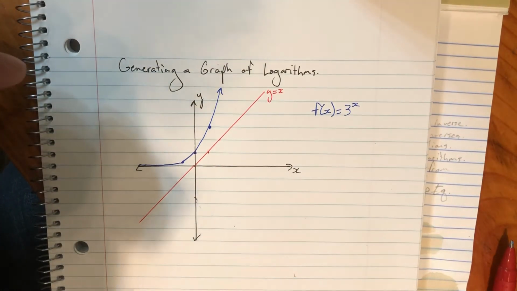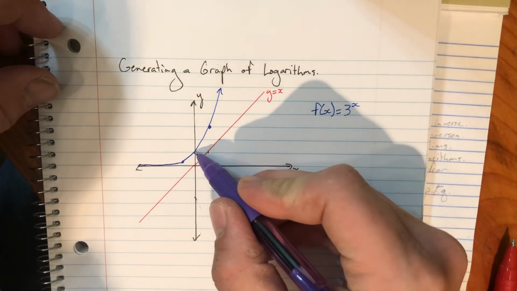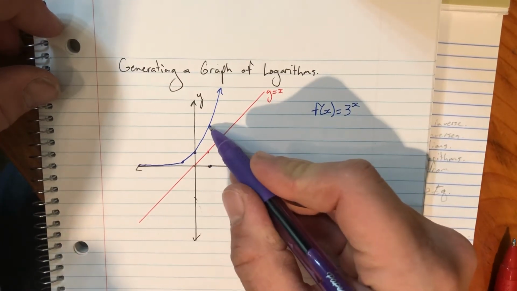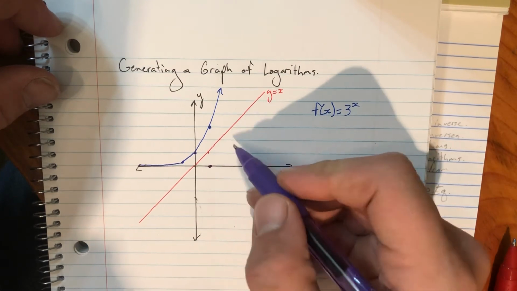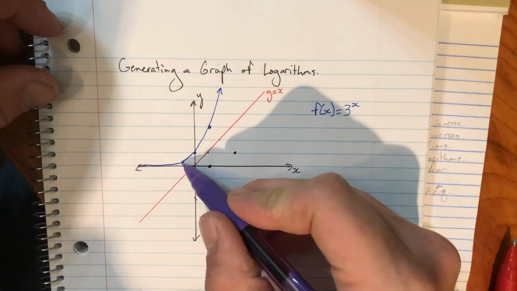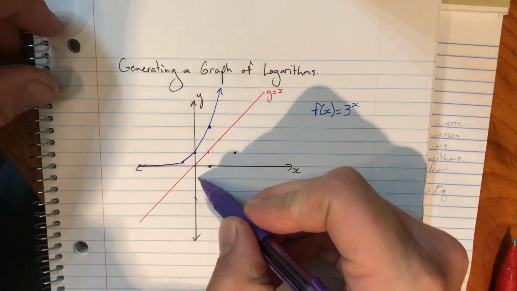Now we'll graph by reflecting points. So this point at (0, 1) will become a point at (1, 0). And this point at (1, 3) will become a point at (3, 1). And this point at (-1, 1/3) will become a point at (1/3, -1).